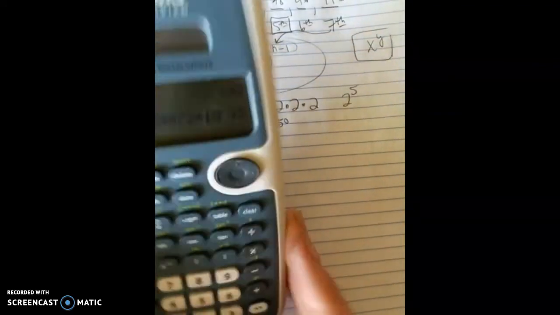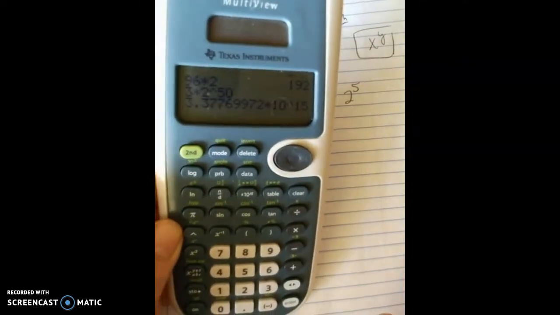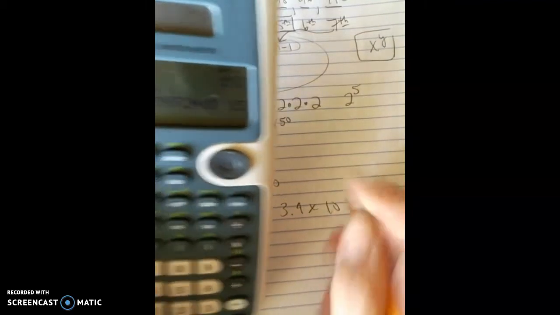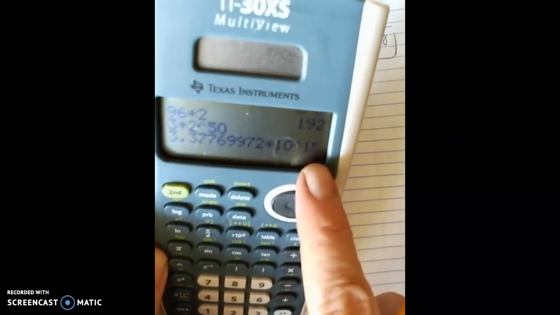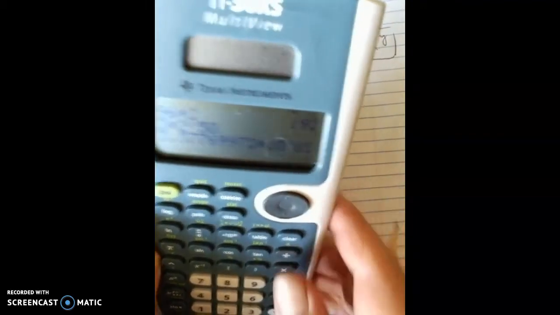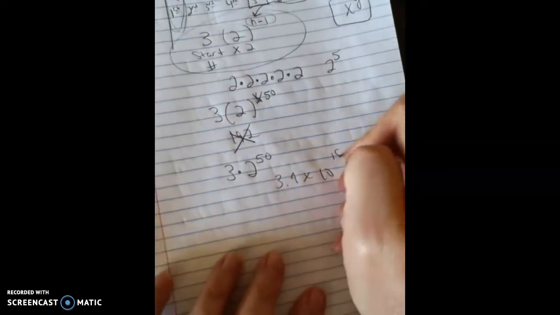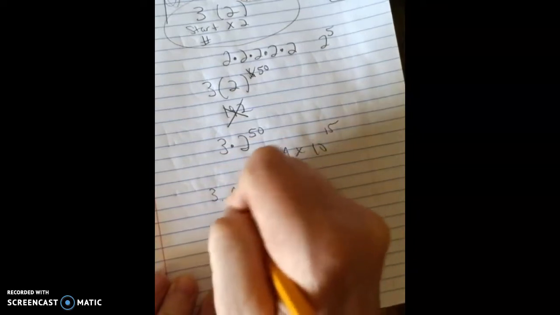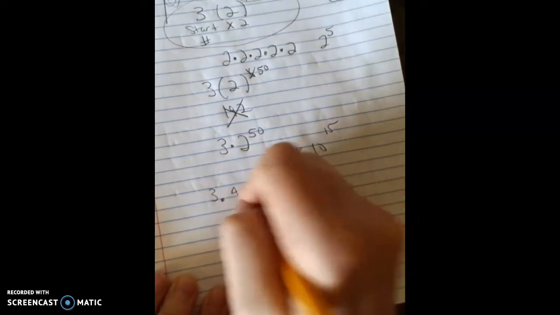Yeah, and that's in scientific notation actually. So that's going to be about 3.4 times 10 to the 15th there. So what that means is I would have to multiply this number by 10 15 times. So 3.4 and move the decimal 15 jumps.